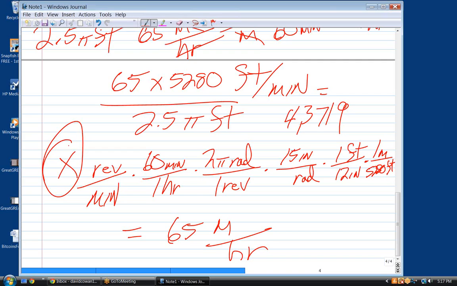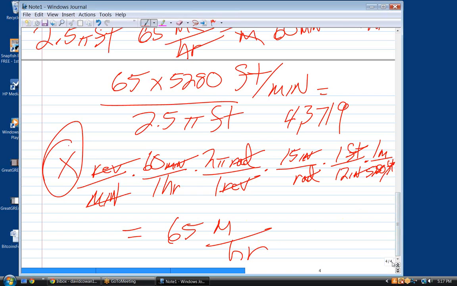Yeah. And in fact, does everything cancel here? Let's see, that cancels, that cancels. The hour we end up with in the denominator, the radians cancel, the inches cancel, the feet cancel, and we end up with miles per hour.